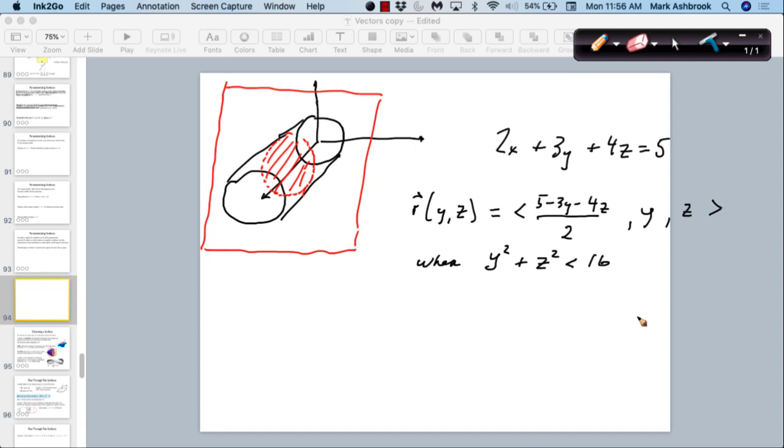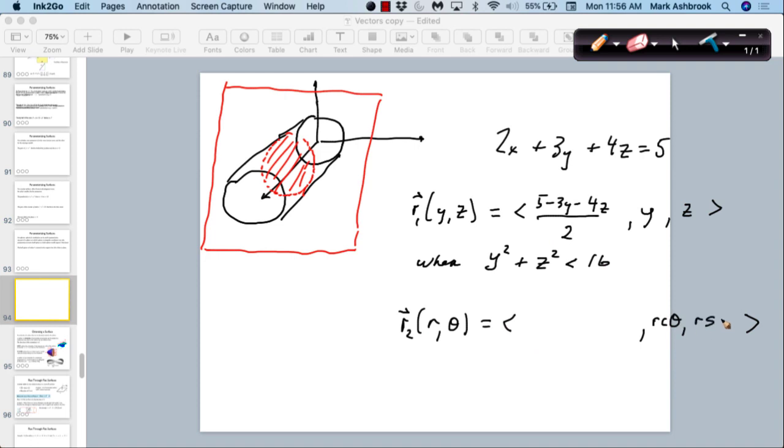Now, if you want to go ahead and change that into polar, you could also do this with r and theta. So maybe that's version 1. Version 2, you could do r and theta, but it's going to be this. So what is y? Y would be r cosine theta.